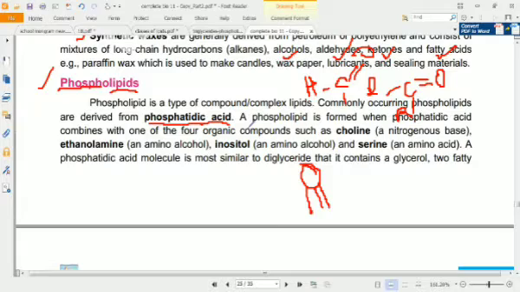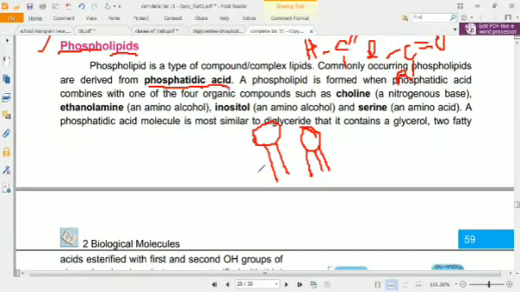But in phospholipids, with this head of glycerol, just two chains of fatty acids are present, and in place of the third one, a phosphate group is present. If you see the next picture, you can understand well.